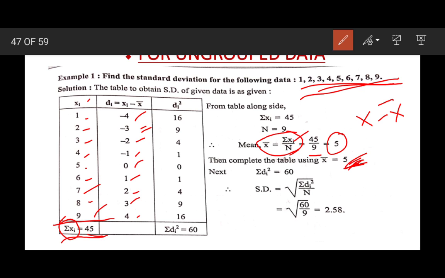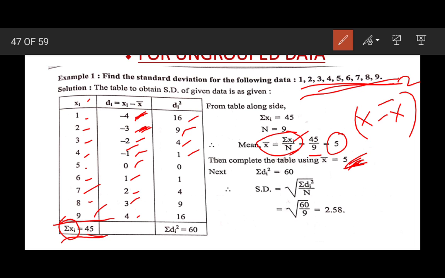After getting these values, next we have to square them. We have to square each value, not the total. So we square minus 4 and get 16. Then we square minus 3 and get 9. Then minus 2 squared is 4.